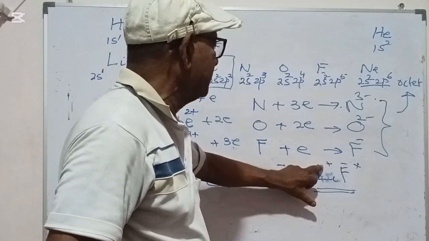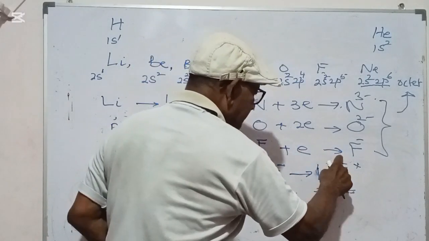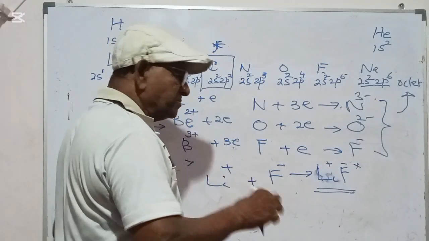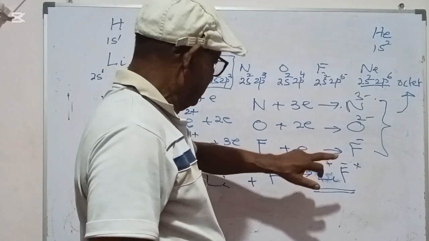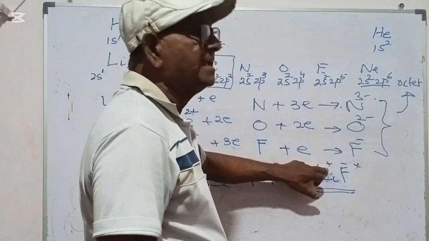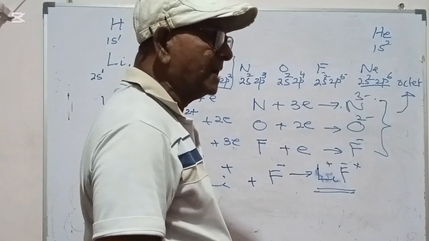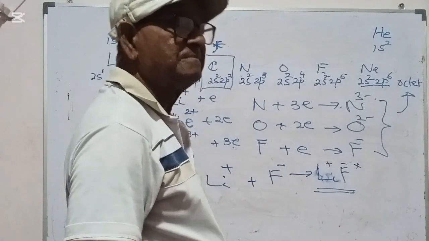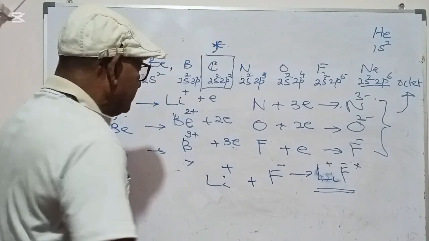This attraction is the same, so the attraction between plus charge and minus charge is named the electrostatic attraction, right? Then this is the method of formation of lithium fluoride.